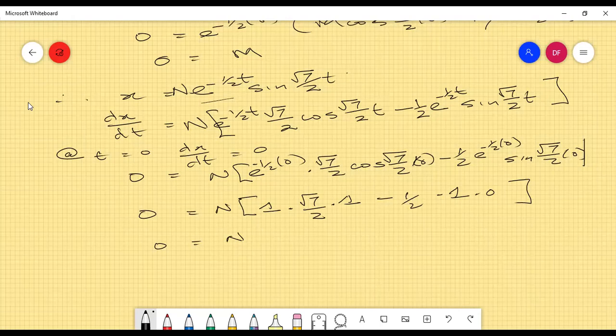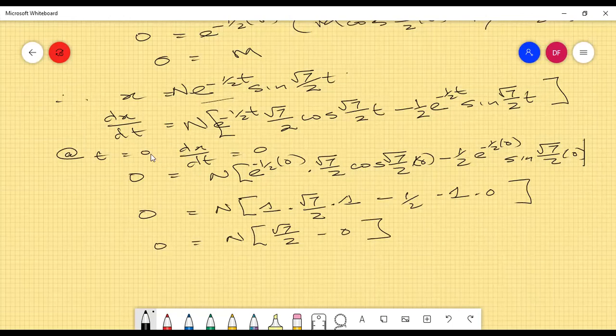Anyway, then we'll just solve the issue then. 1 times 1 is 1 times root 7 over 2 minus. We have to adjust our initial conditions.